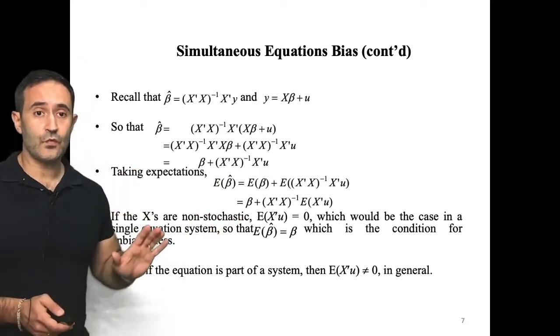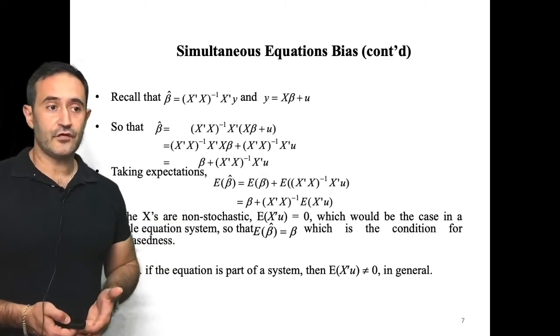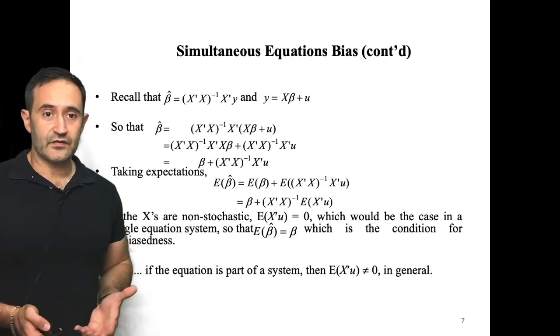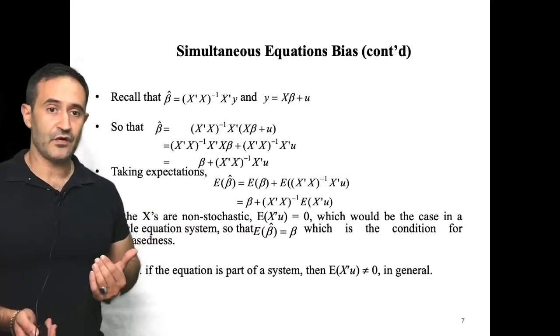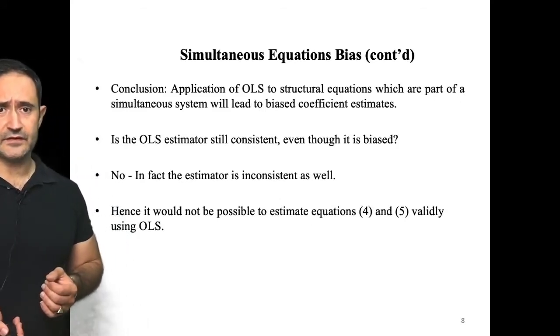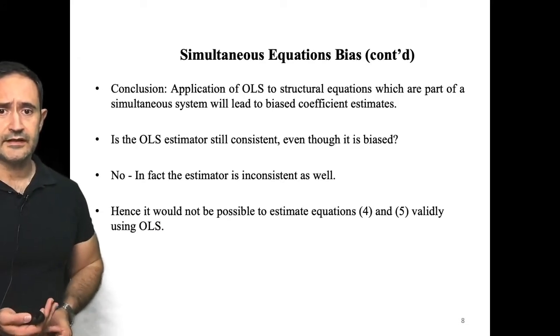Why all this? Because we need to show that if the error terms of the equations are correlated, we cannot simply estimate the equations separately by OLS. This is the problem that we mentioned before.